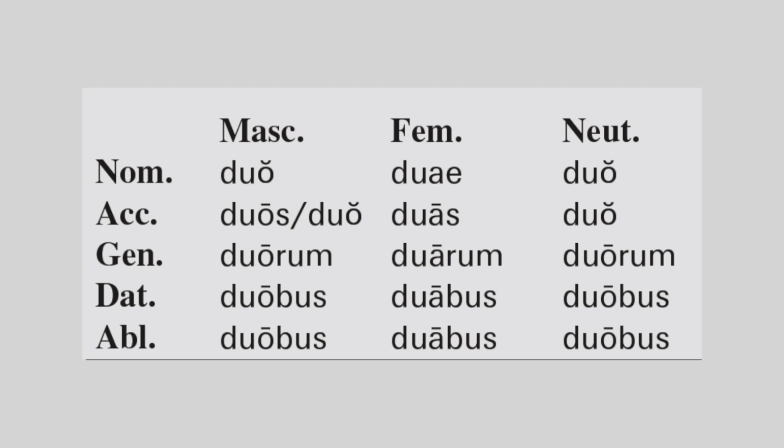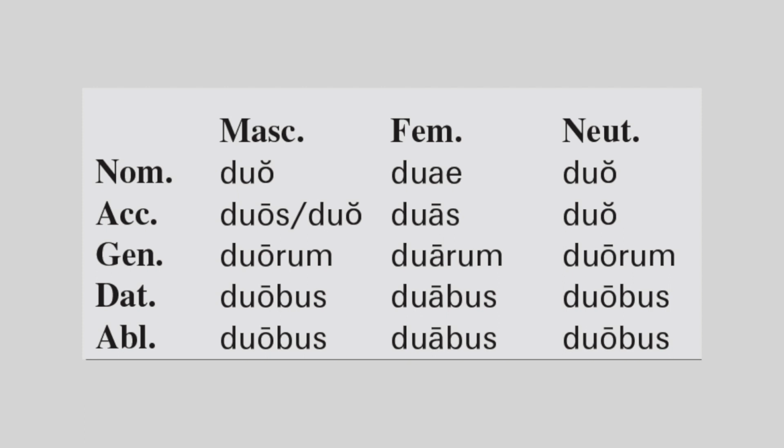Okay, so that's one. Now, the Latin two, duo, well, this one obviously doesn't have a singular. So you can only use the word two in the plural. It's kind of obvious, I suppose. And so this one goes, duo, duae, duo. Duos, duas, duo. Duorum, duarum, duorum.